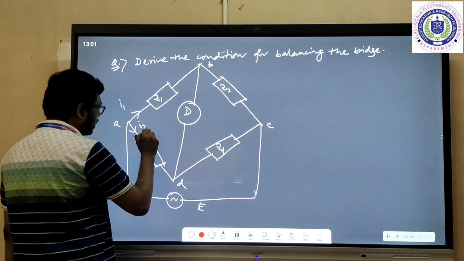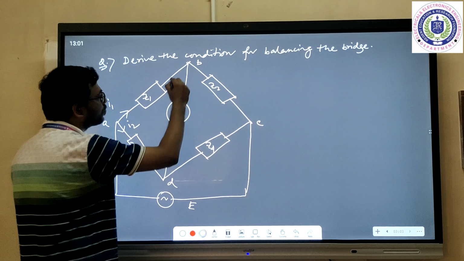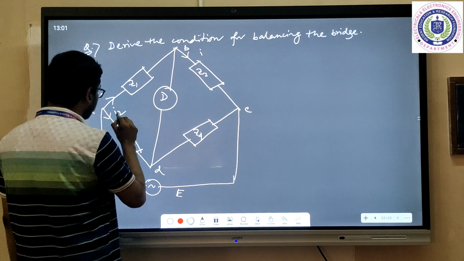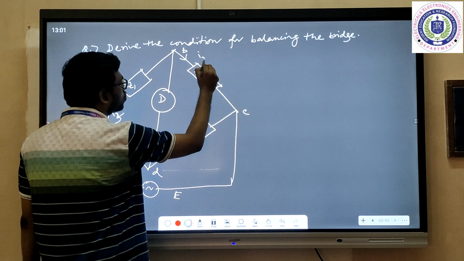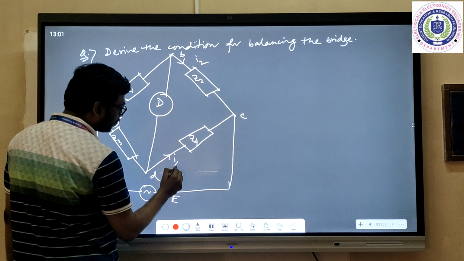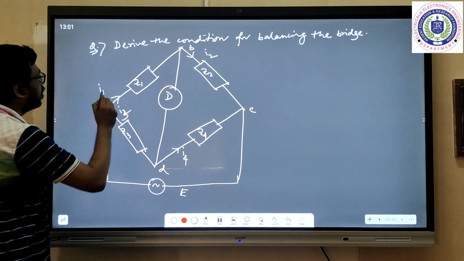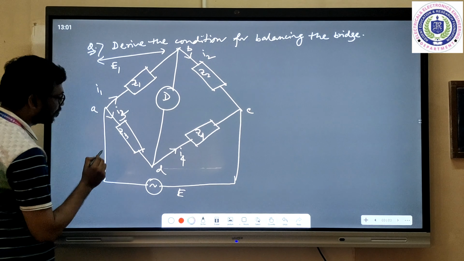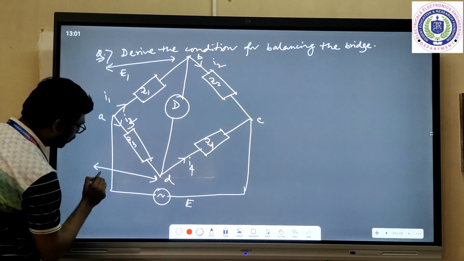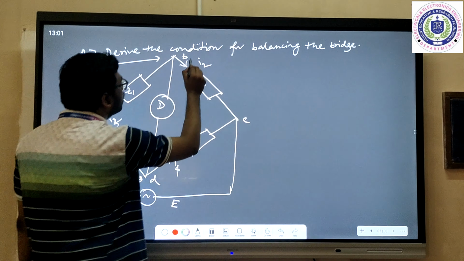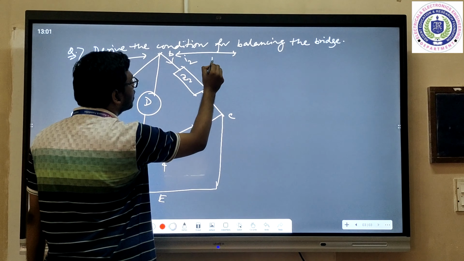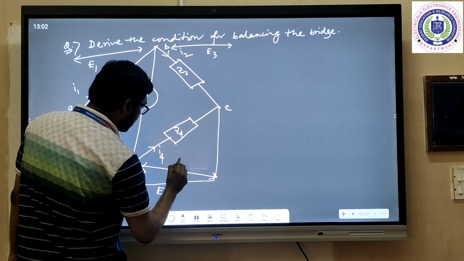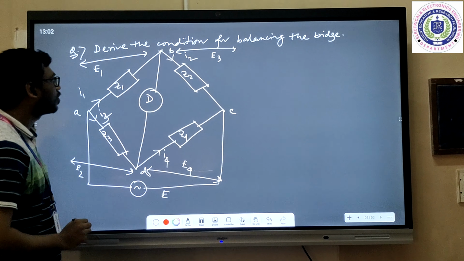So this current is I1. This is I2. This current is say I3, and this will be I4. And the potential difference or voltage across this is E1, this is E2, this is E3, and this is E4.